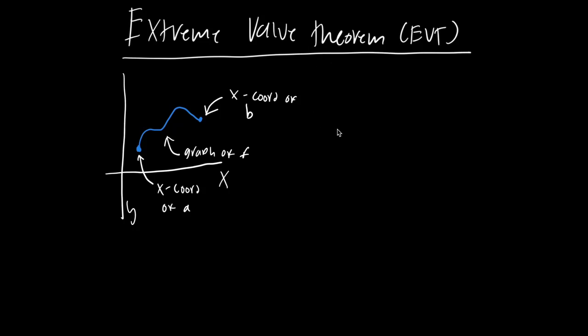So EVT states that on the graph of f, I'm going to write this down, bear with my poor handwriting if you can't read it. On the graph of f, on closed, it is very important that it's closed.